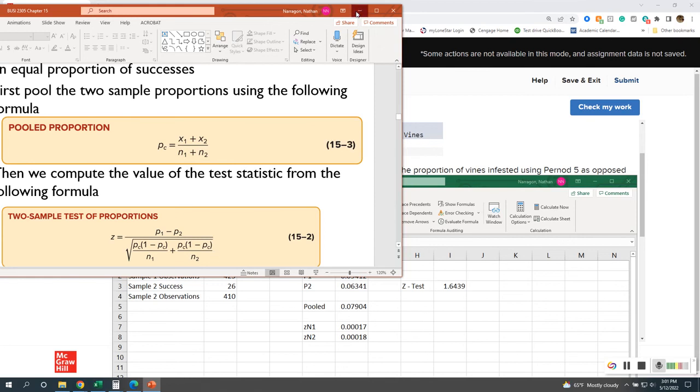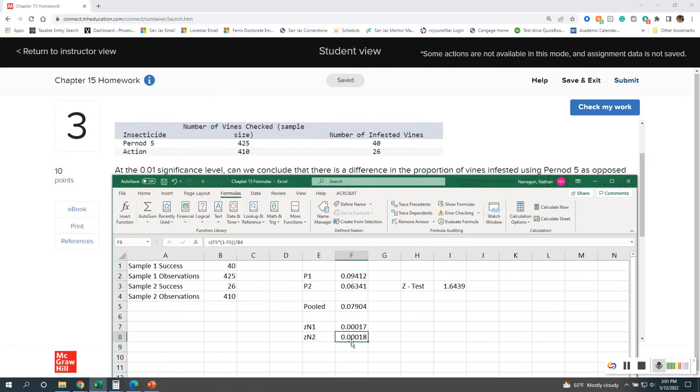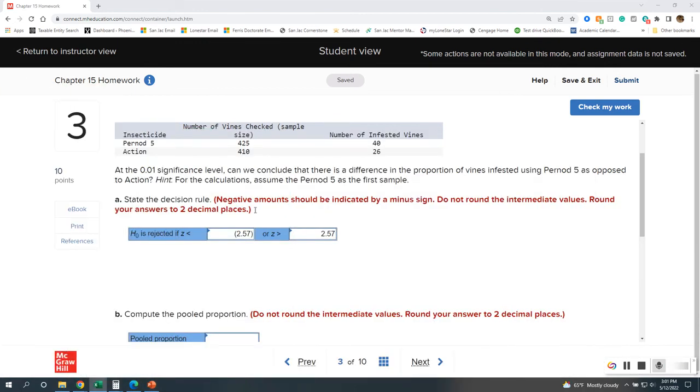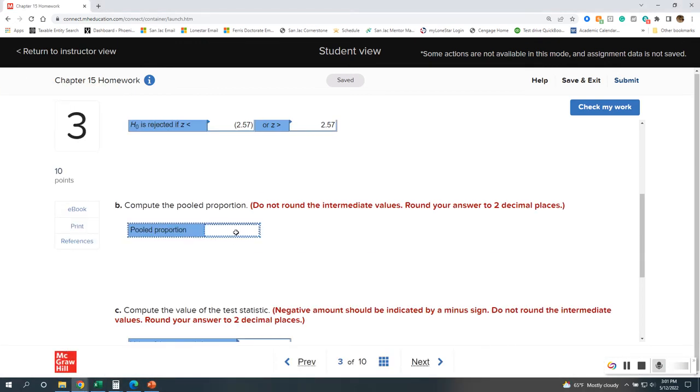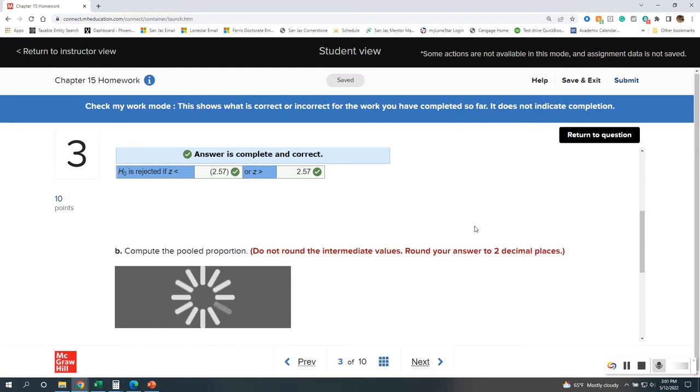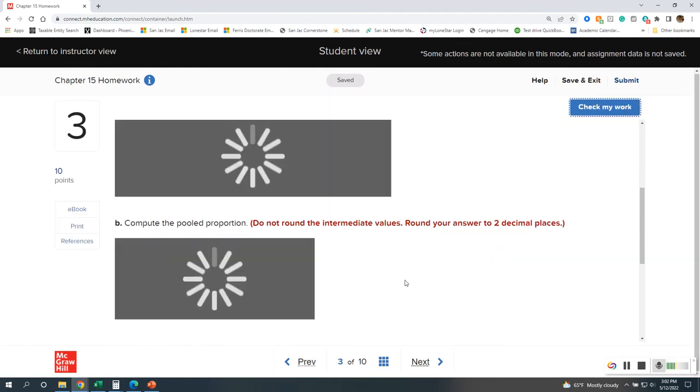So these two I've already programmed this information in to help me calculate the z-test. Okay? So all it is, is inputting into the formulas. So my pool is 0.07904. It's going to calculate for me. Let's make sure. There it is.